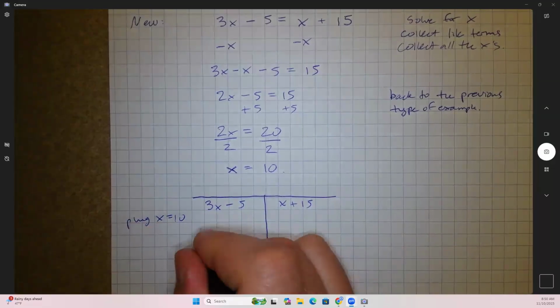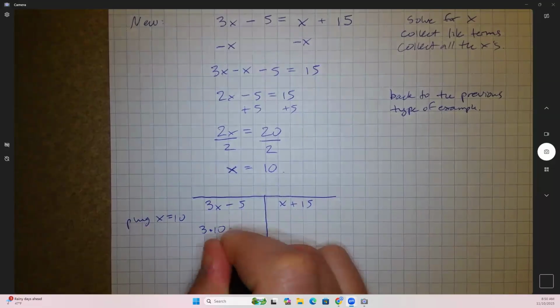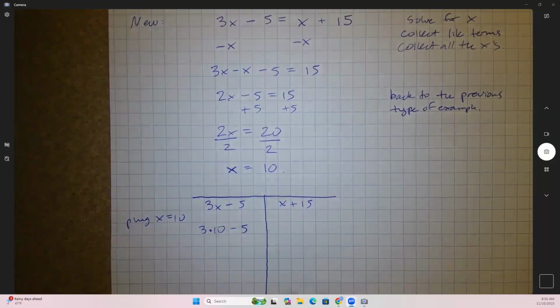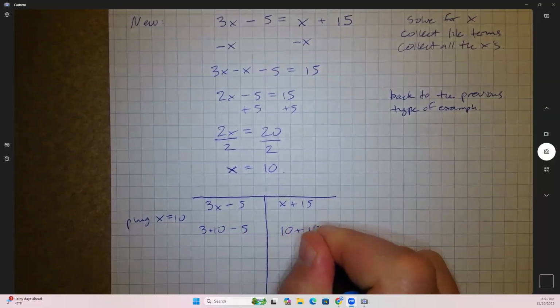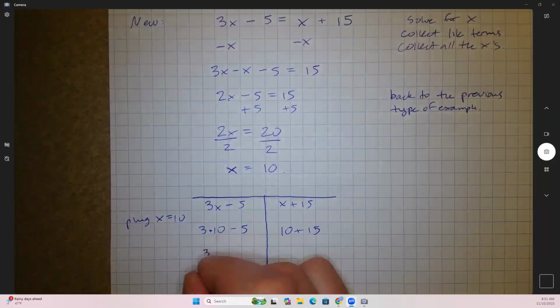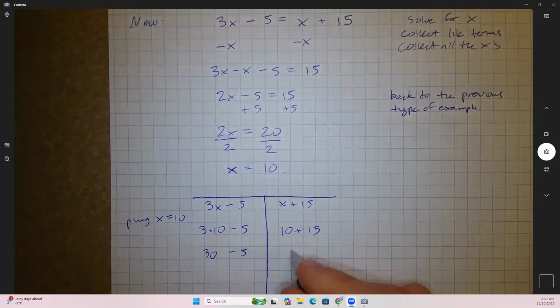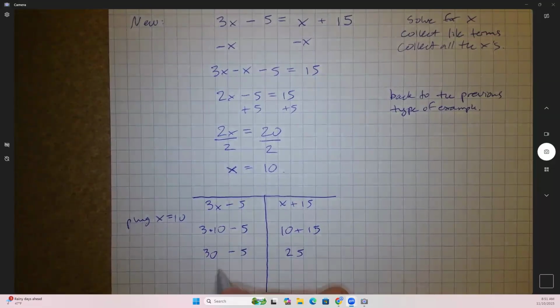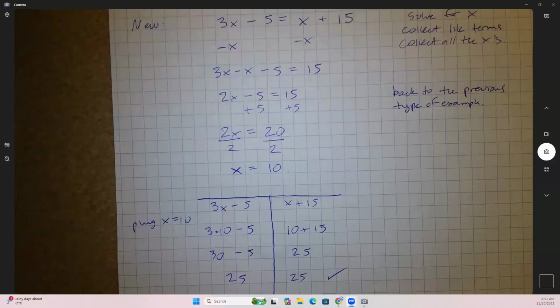So I do x equals 10. So I have 3 times 10 minus 5 on the left, and then 10 plus 15 on the right. And I work through the arithmetic. 3 times 10 is 30. 10 plus 15 is 25 on the right side. And then 30 minus 5 is 25. I get 25 on both sides, and that means I got it right.